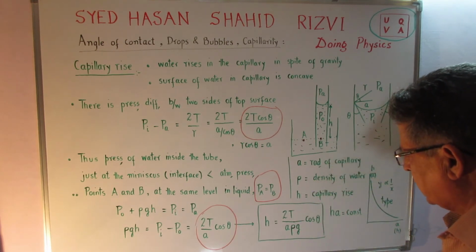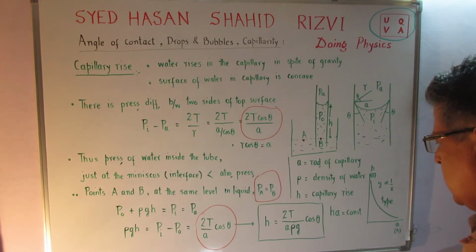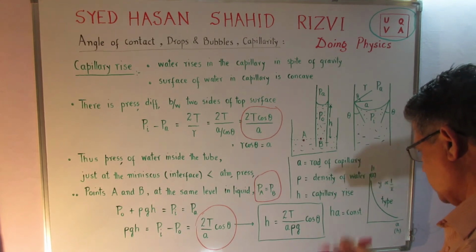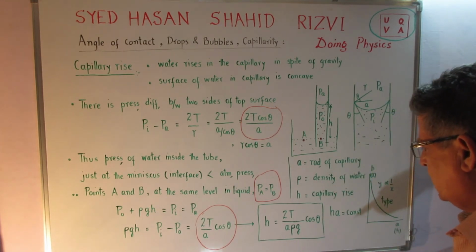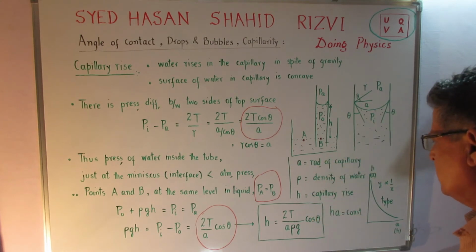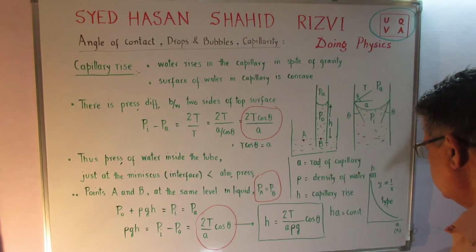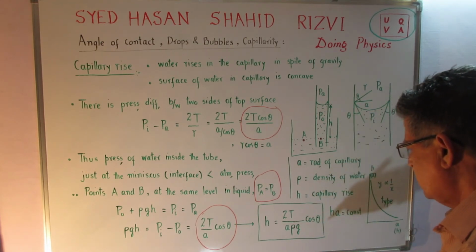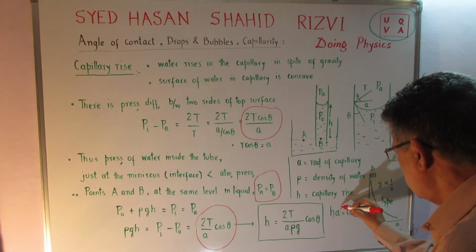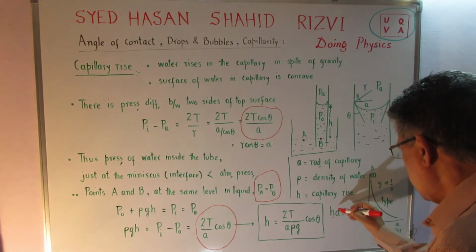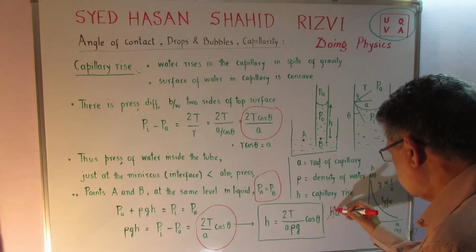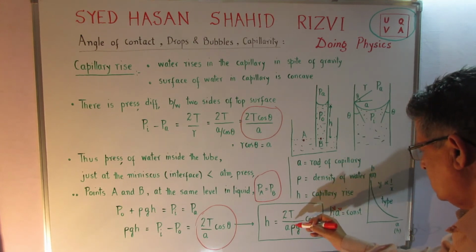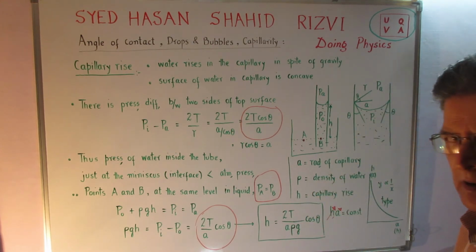Now T, for a given set of materials, that is the liquid, glass and the air combination, the surface tension T is a constant, rho is a constant, and g is a constant. So I can of course vary A, and so H also varies. So we find that H into A is equal to 2T upon rho g cos theta.